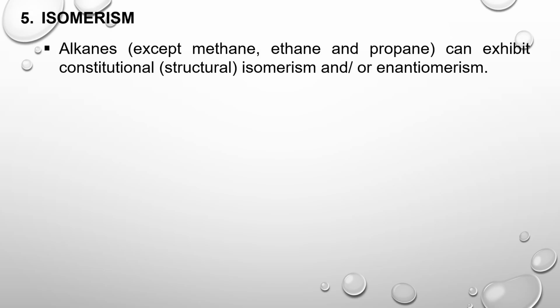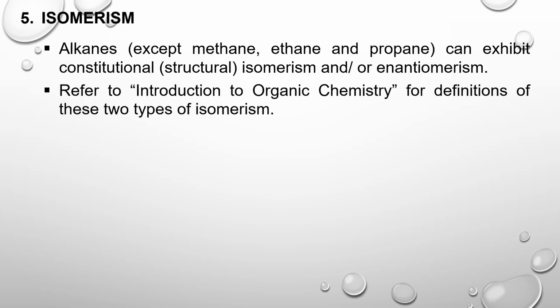Enantiomerism is the one whereby you have your chiral carbon. So if you need more help on this isomerism, please refer to your Introduction to Organic Chem lecture notes again to revise the concept of isomerism.